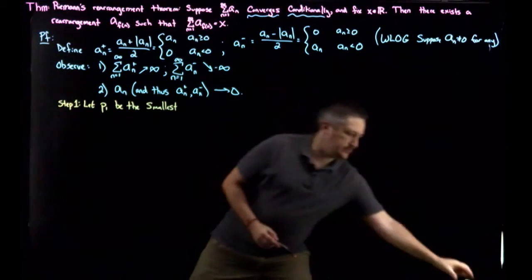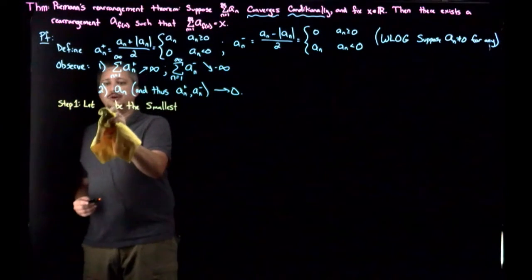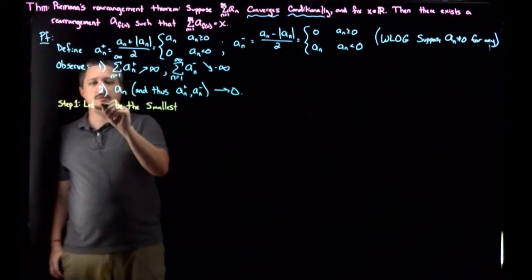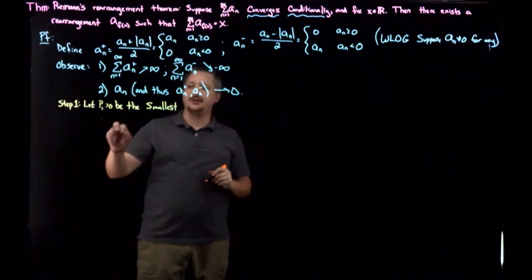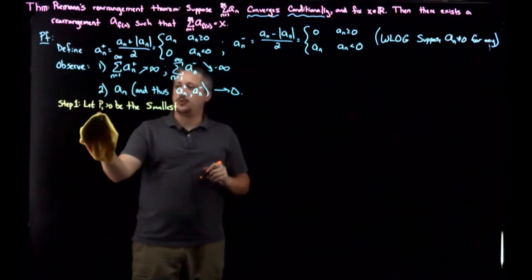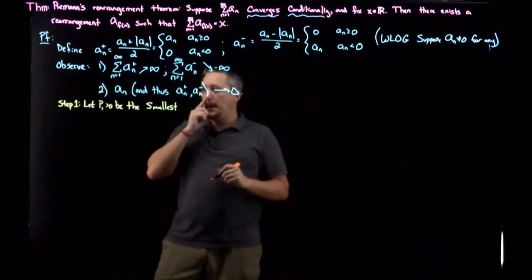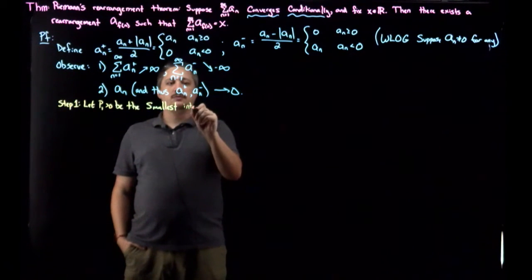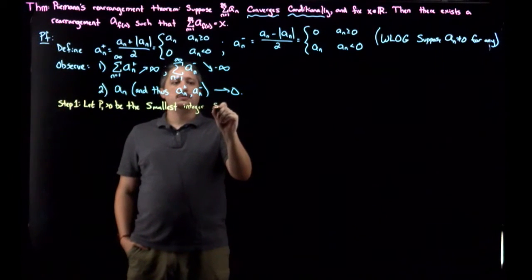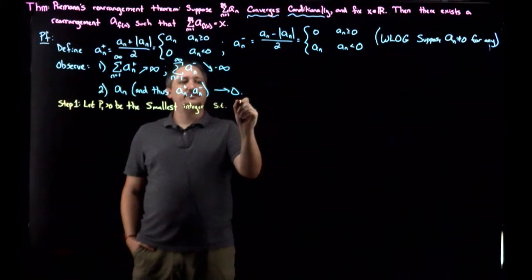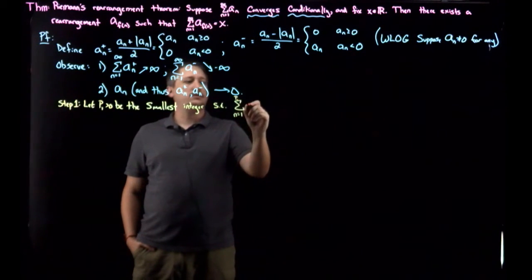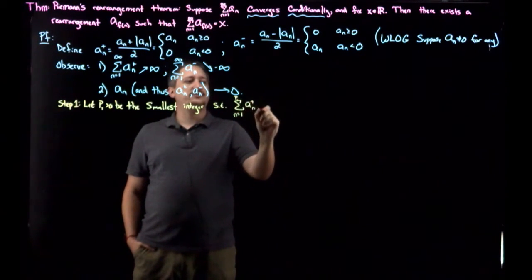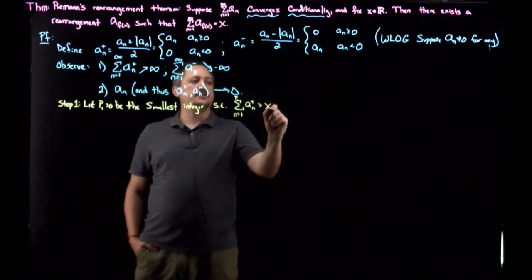So let me say step 1, just to be clear. Let P1, strictly greater than 0, be the smallest integer such that the sum, n going from 1 to P1, of an plus is greater than x.